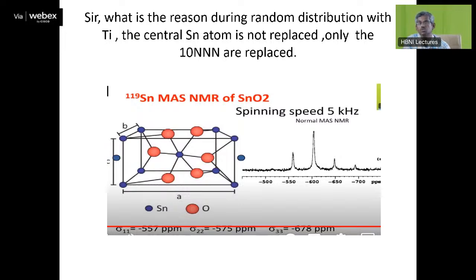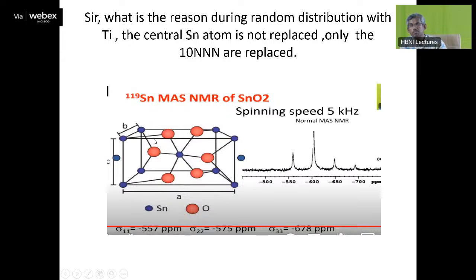Then it's a very nice, good question. What is the reason that during random distribution with titanium, the central tin is not replaced? Only the corner ones are replaced. In fact, crystallographically, there is no difference between the central atom and the corner atom, because crystals have a property called translation.